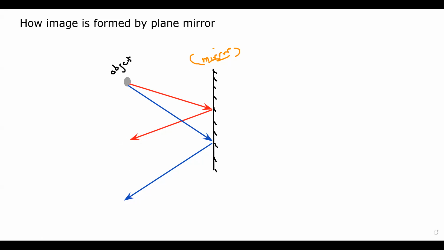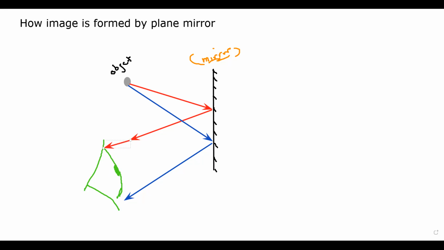So when we are looking in the mirror, this is our eye. Imagine what our brain does when these two light rays come out from the object, strike the mirror and enter our eye.